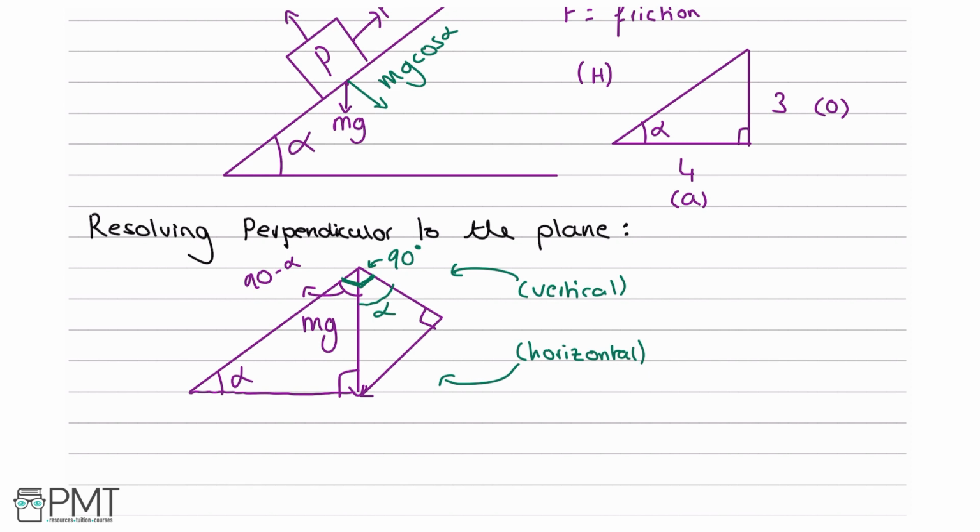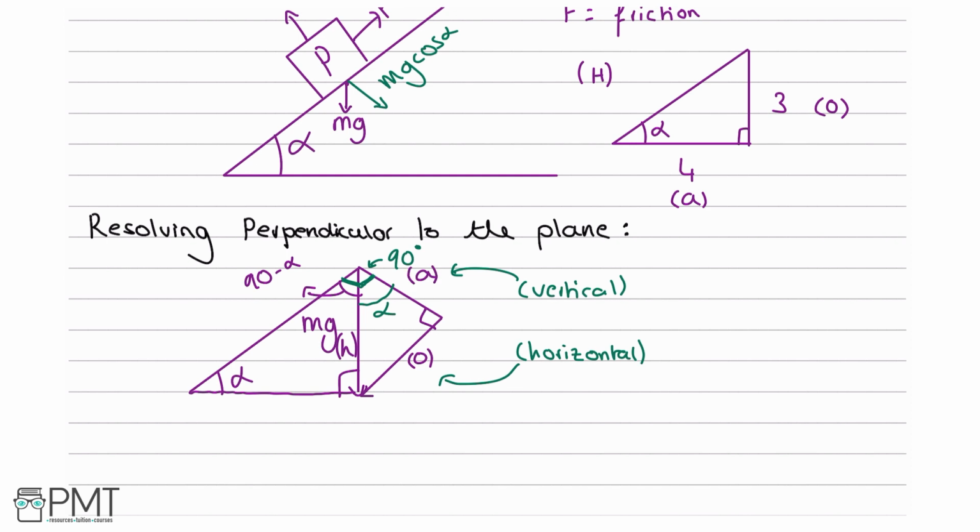So we can now see why it is mg cosine alpha: with this as alpha, the vertical component becomes the adjacent side, and the horizontal component becomes the opposite. The mg is still our hypotenuse, so h. I'm just going to put them in brackets.